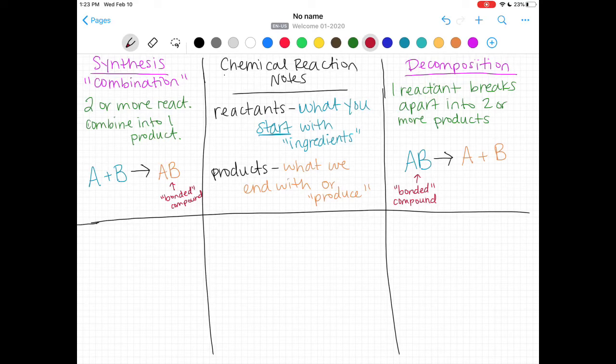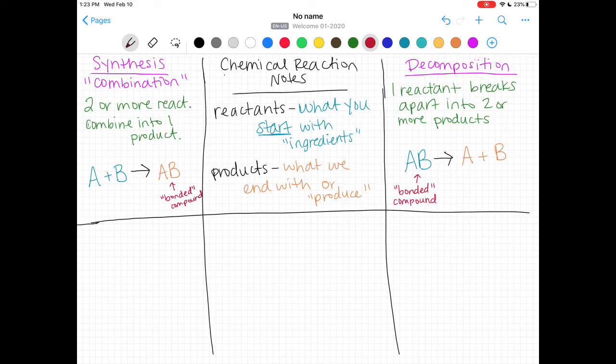And in decomposition, my bonded compound is my reactant. All right, so make sure you can't flip-flop those just because you want it to be on one side. If my bonded compound is my reactant, that means I have a decomposition reaction. I can't call that a product, because it's a product in synthesis. It's a different type of reaction.